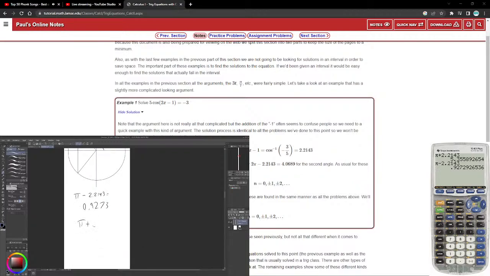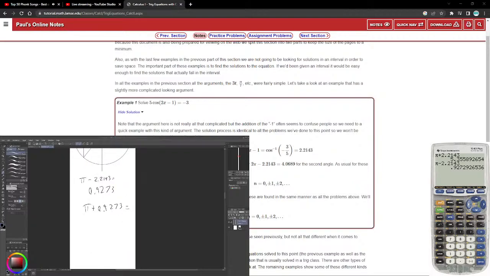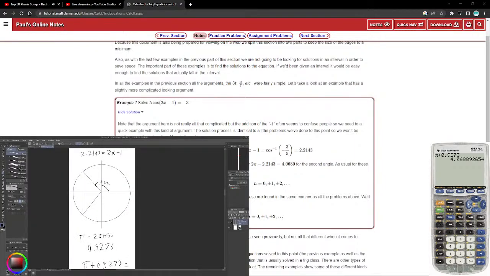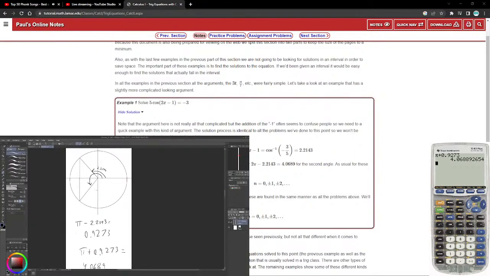Pi plus 0.9273 equals, this is what we want, 4.0689.